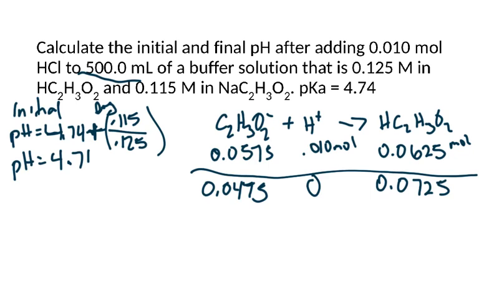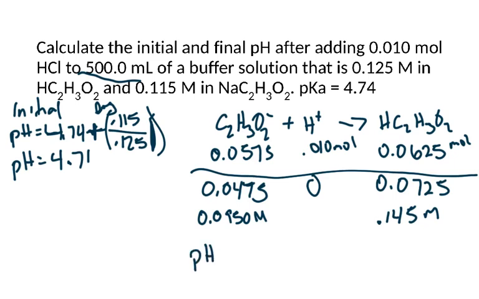Then I can either take into account my 500 milliliters again or not. It's going to wash out because there's division here, but let's just do that anyway. So 0.0475 in 500 milliliters gets me 0.0950 molar of that, and I'll have 0.145 molar of my acid.